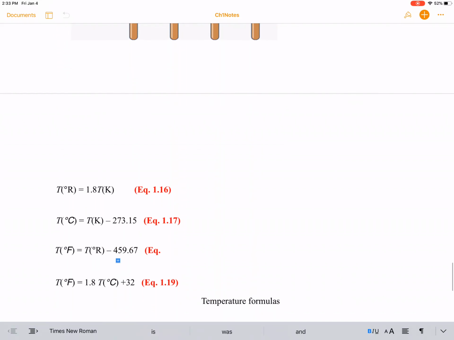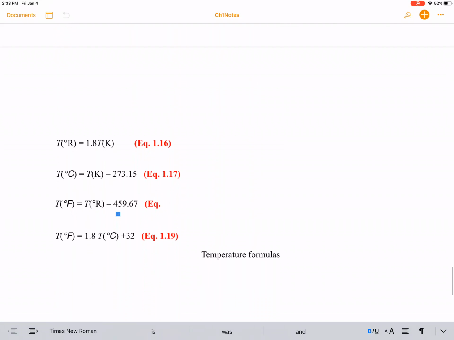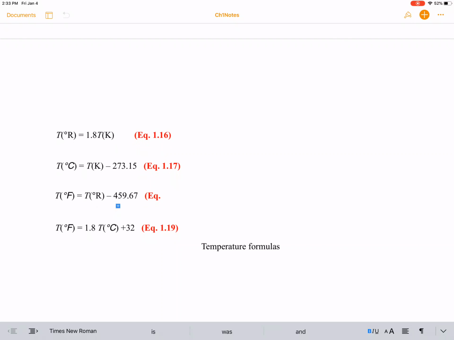And then the other two that we have are Celsius and Fahrenheit. Temperature in degrees Rankine is 1.8 times the temperature in Kelvin. The temperature in Celsius is the temperature in Kelvin minus 273.15 degrees. That gets you from Kelvin to Celsius.